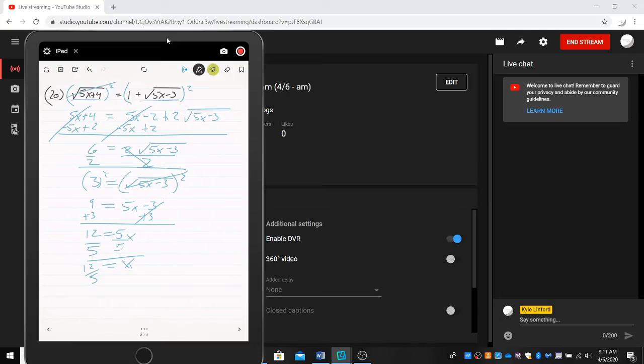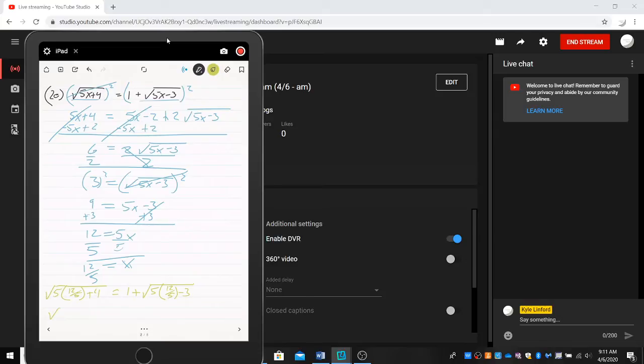Maybe I'll move it down here. I have the square root of 5 times 12/5 plus 4. And then we have 1 plus the square root of 5 times 12/5 minus 3. All right, let's start simplifying and see what we get.